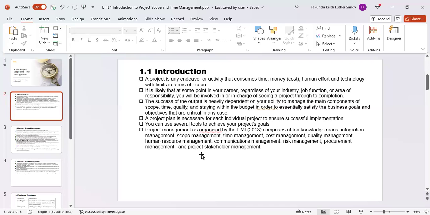Right. So the introduction part here was just talking about a project. We all know what projects are, I believe. The definition of a project: a project is just an endeavor which uses materials, money, time, and effort to come up with a unique product or service that exceeds the expectations of stakeholders or customers.